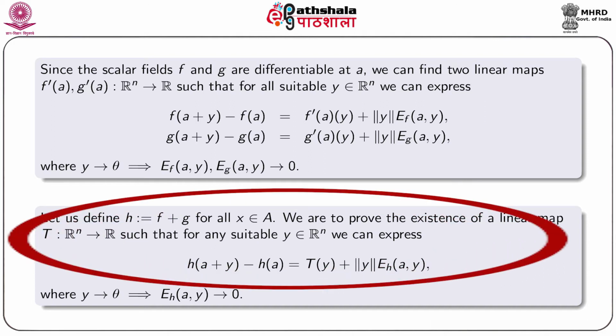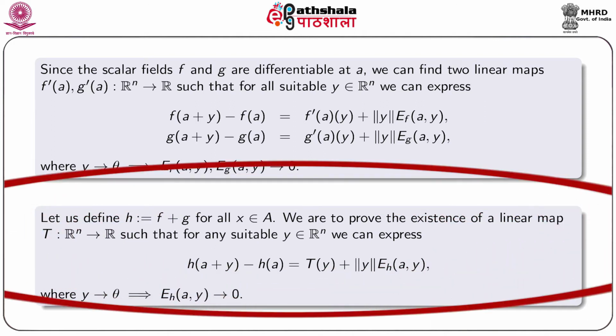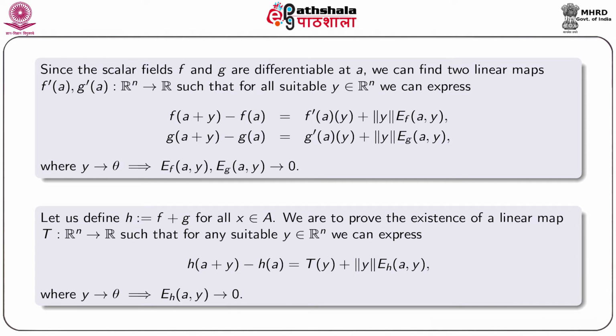We are to prove the existence of a linear map T from Rn to R such that for any suitable y in Rn, we can express the increment of h, that is h(a+y) - h(a), as T operated on y + norm y E_h(a,y), where as y approaches the origin, E_h(a,y) tends to 0. So, our first work is to find the map T and then to find the error term E_h(a,y).